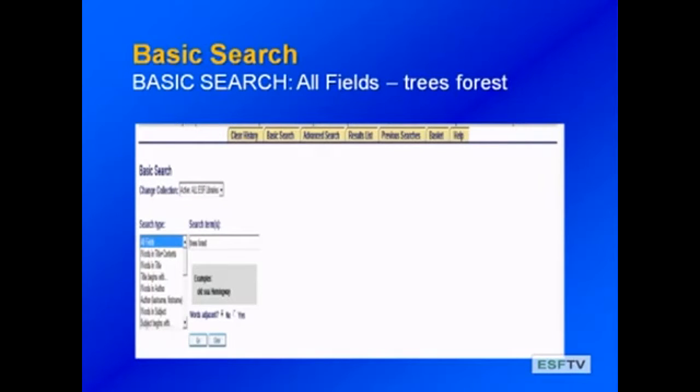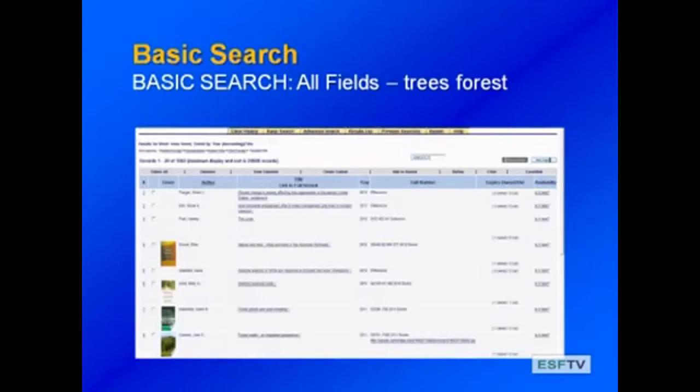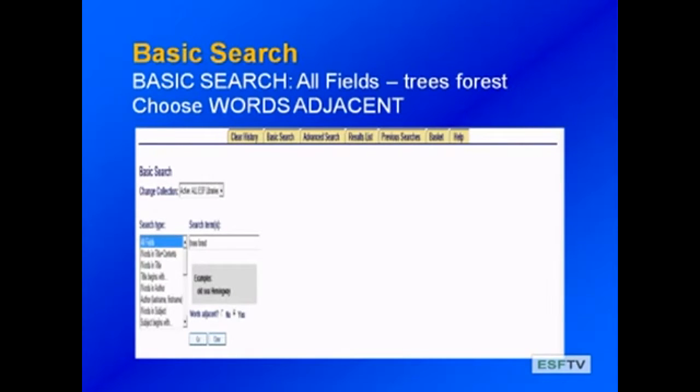Let's continue on and talk about more basic searches. So we're going to do a basic search for all fields right now for trees, forest. My basic search for trees, forest brought back about 1,000 titles here, just to show you. And that was with just a basic search of all fields. There's a little button at the bottom of the basic search screen that says words adjacent, and it says no or yes.